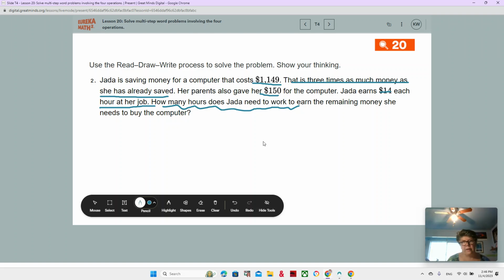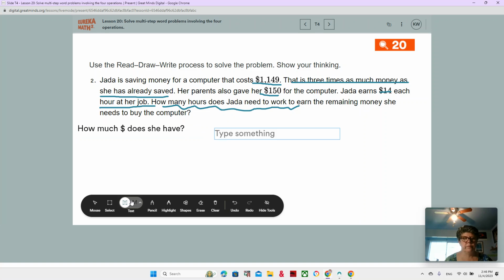Wow. Okay, so let's start by breaking it down. How much money does she have? She has $150 from her parents, and the total is 3 times as much as she already has saved.